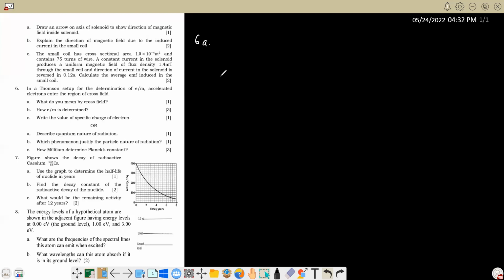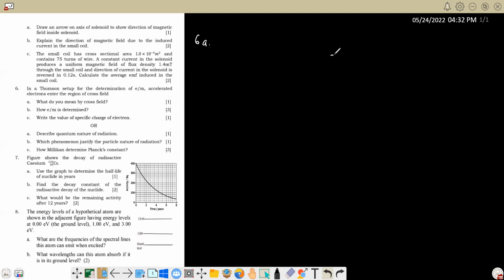Cross field is that field in which the electric and magnetic fields are normal to each other and capable of producing equal displacement of the charged particle in opposite directions. That is what we call the cross field.